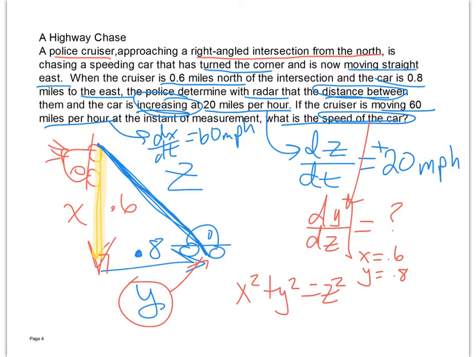I want you to pause me again and take the derivative using implicit differentiation. You're going to have dx/dt's and dy/dt's and all that stuff. I did just notice I wrote dz there, and it should be dy/dt. Am I crazy? Go ahead and pause me and do that. So, derivatives.